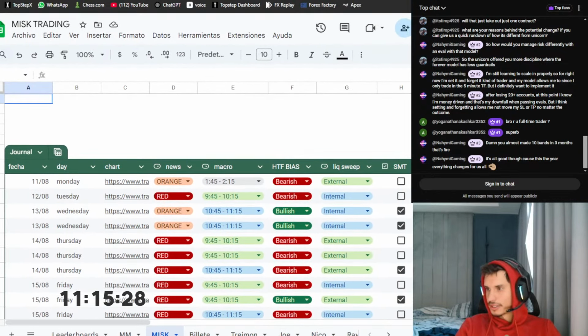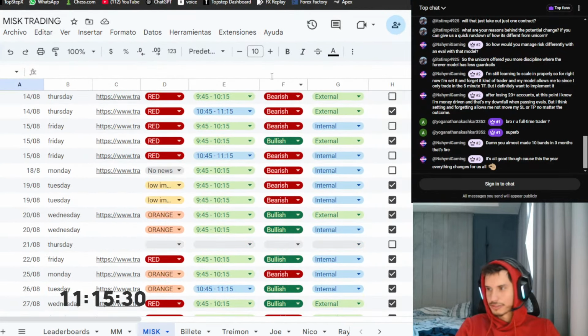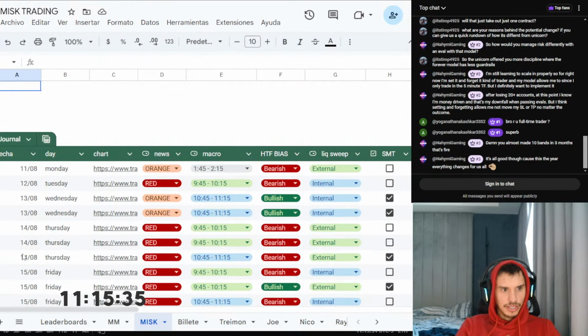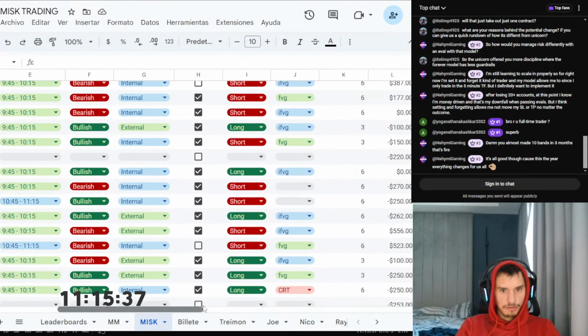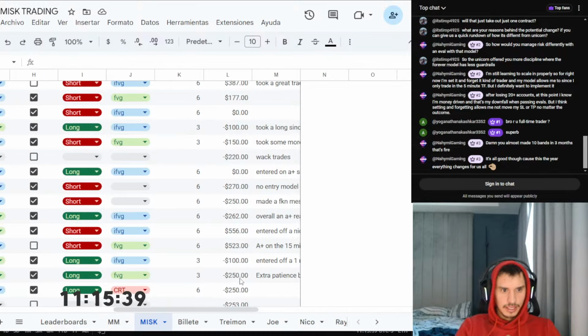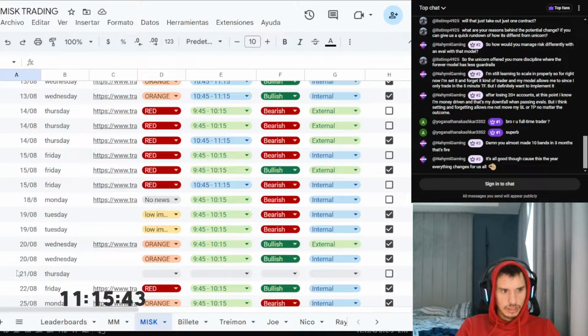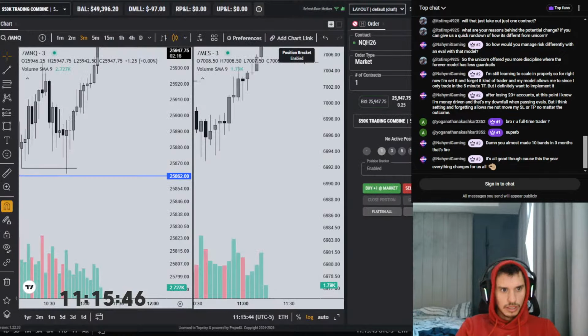I have this calendar of a bunch of trades I took. This was in August. This was before. And still cool to see, I guess, what I was trading.